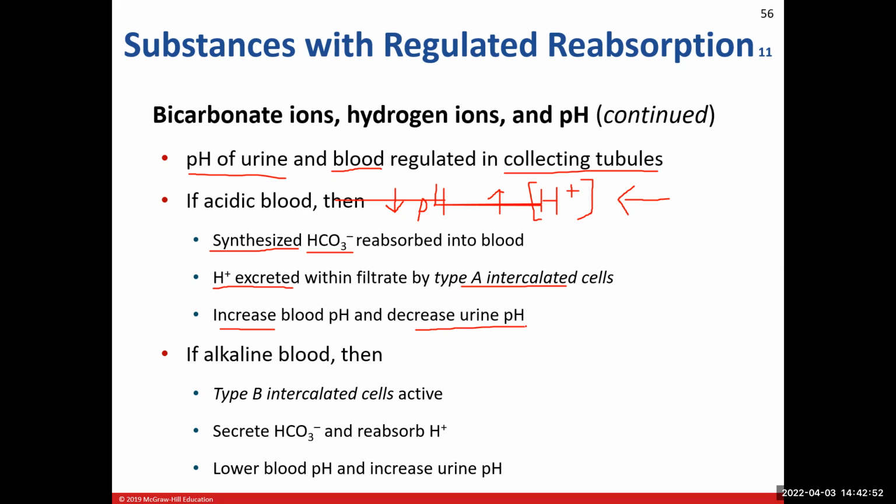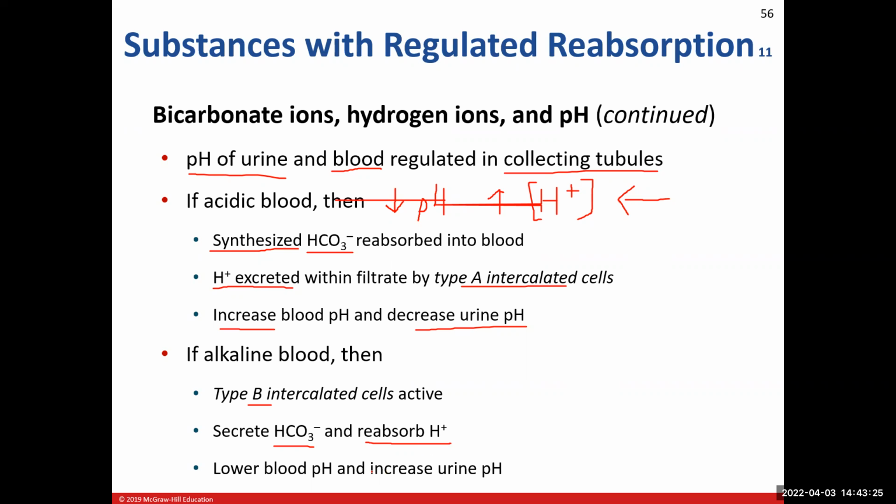Now, the opposite occurs if we're dealing with blood that's too basic or too alkaline. Easy to remember, the type B intercalated cells, B, think base or basic. These cells are going to secrete bicarbonate, and they're going to resorb hydrogen ions, meaning they will take the hydrogen ions back into the blood as they secrete the bicarbonate into the urine.